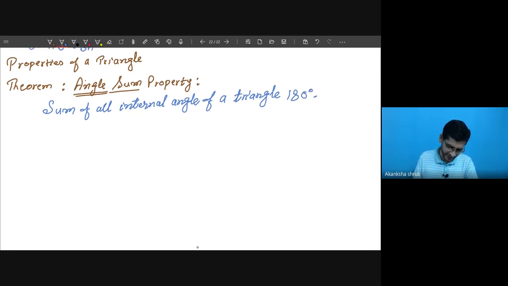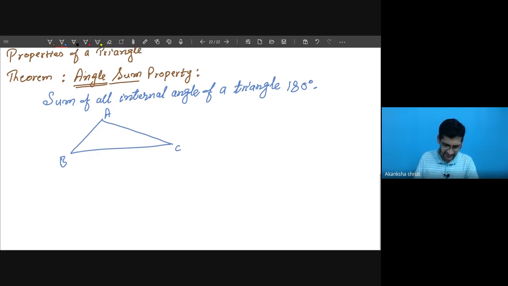Means if we are given a triangle, say ABC, then what do we have to prove?